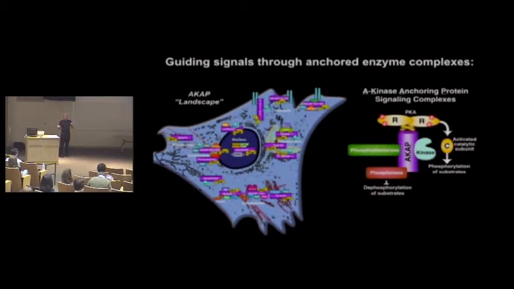Since we began this work, there are now at least 47 different human genes that encode AKAPs. There are multiple splice variants, and as a result, work from many, many labs has resulted in what is called the AKAP landscape that gives you a 3-dimensional sense of how proteins are organized and clustered together in different combinatorial assemblies.